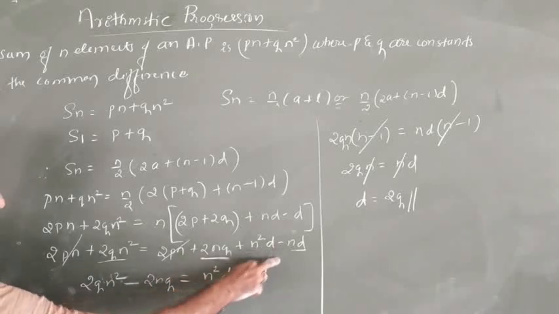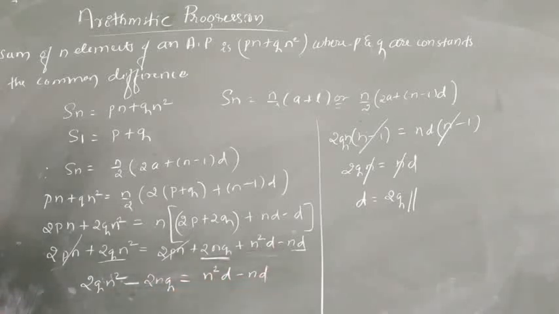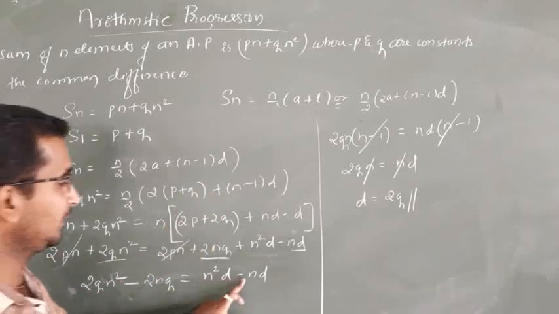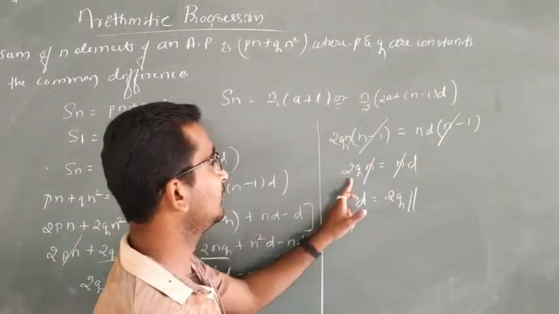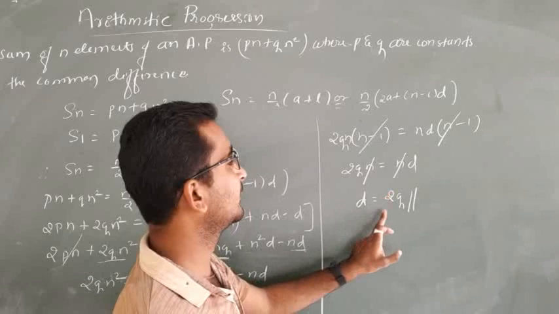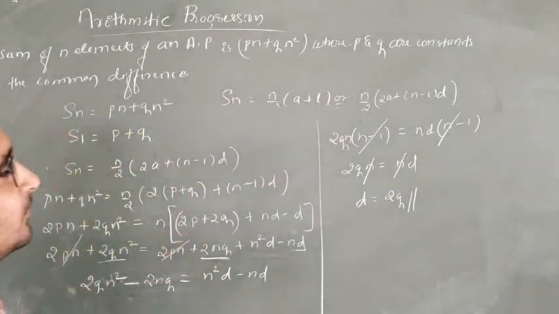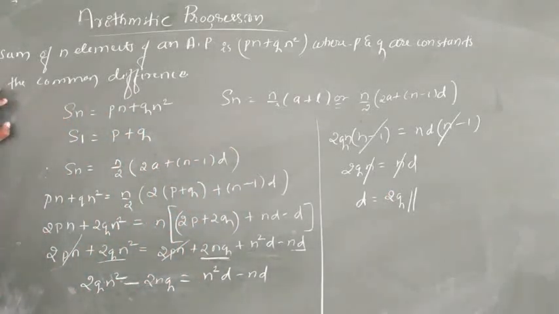Then n square d minus nd I have kept as it is in the RHS. Then in the LHS I have taken 2nq as the common multiple. If we take 2nq, n minus 1 remains here. Here, if we take nd, n minus 1 remains. So n minus 1 gets cancelled. 2qn is equal to nd, then n gets cancelled. Then d is your 2q. So this is your common difference in this example.